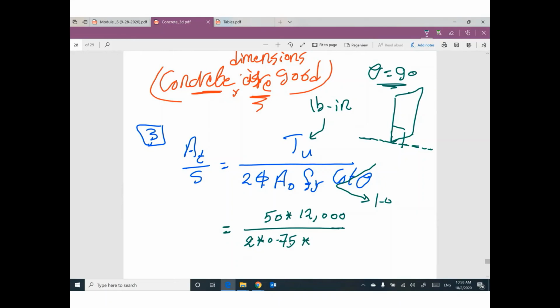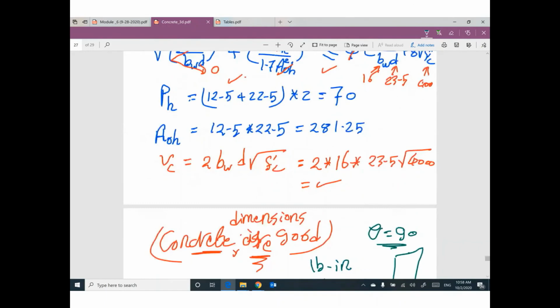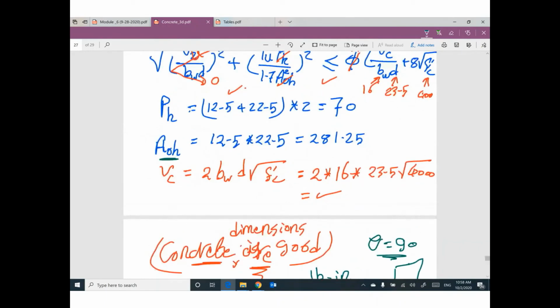Guys, from the earlier step, I can figure out the value of area OH. Area node will be 0.85 area OH. So 0.85 times 281.25, I can figure out the final value, 239.